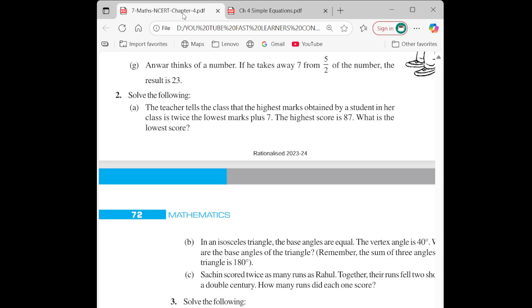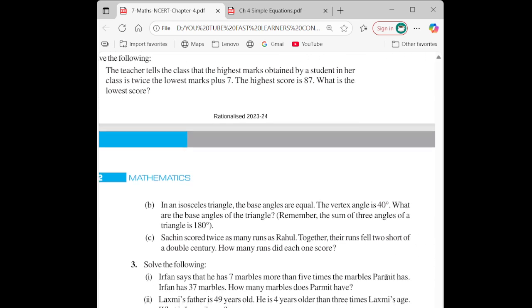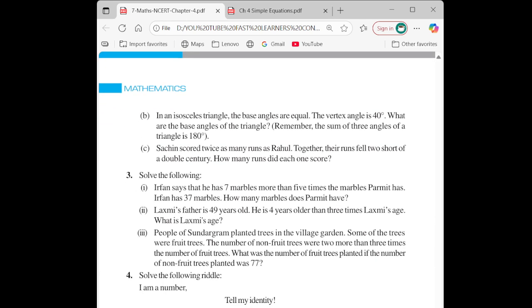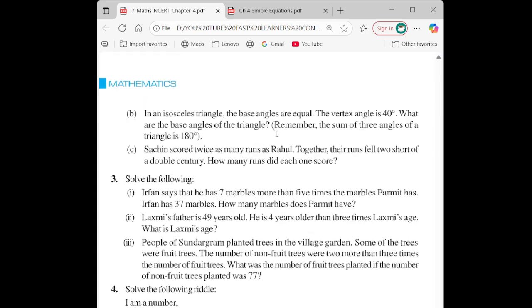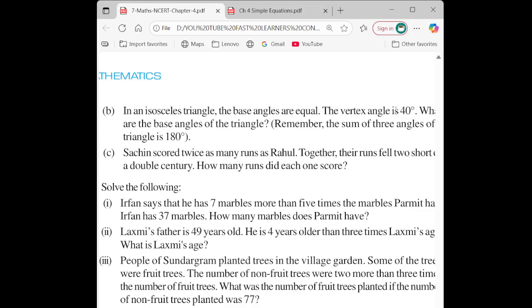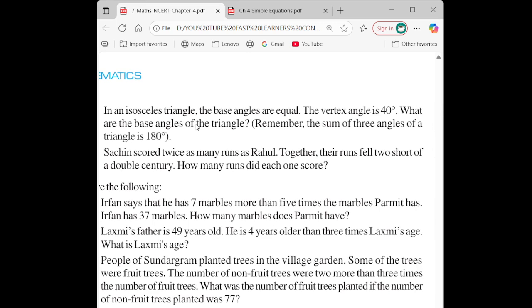Next question is given, that is about an isosceles triangle. Isosceles triangle has two sides equal and the two base angles are also equal, and vertex angle is 40, means in a triangle the angle on the upper side, that is 40 degrees, but other two angles are the same. So you have to find out the measurement of base angles.